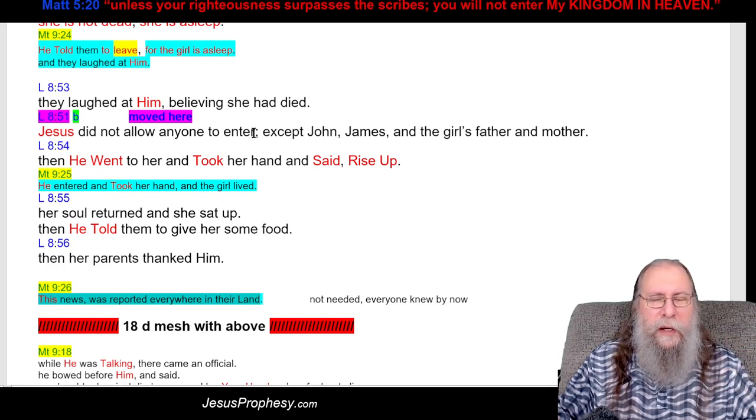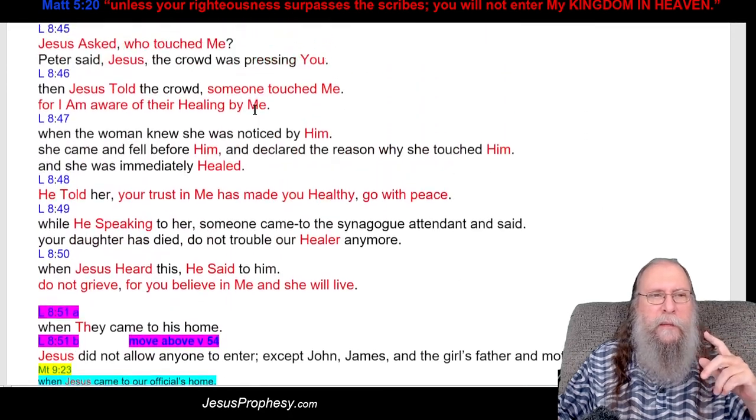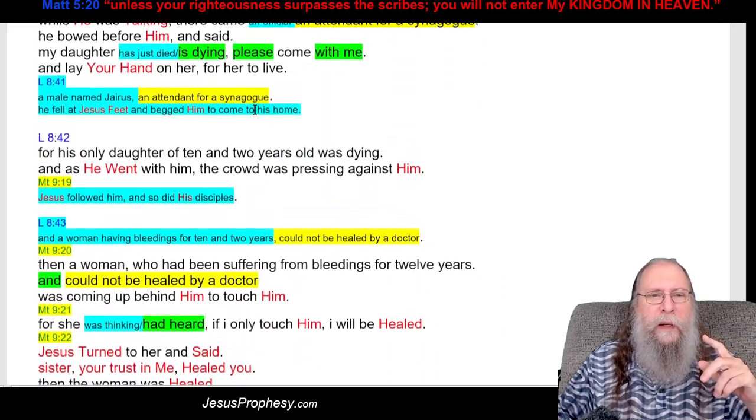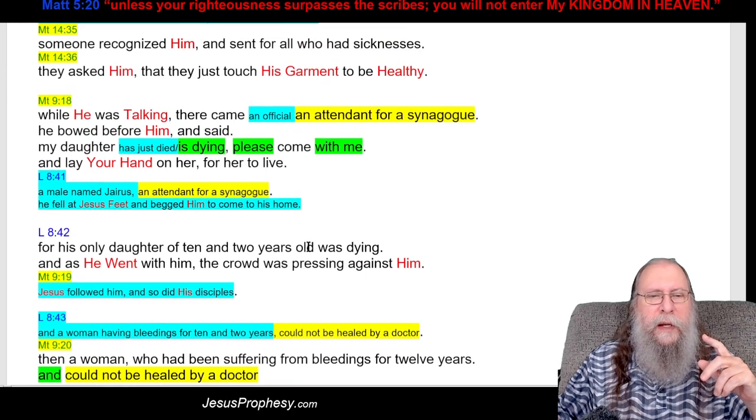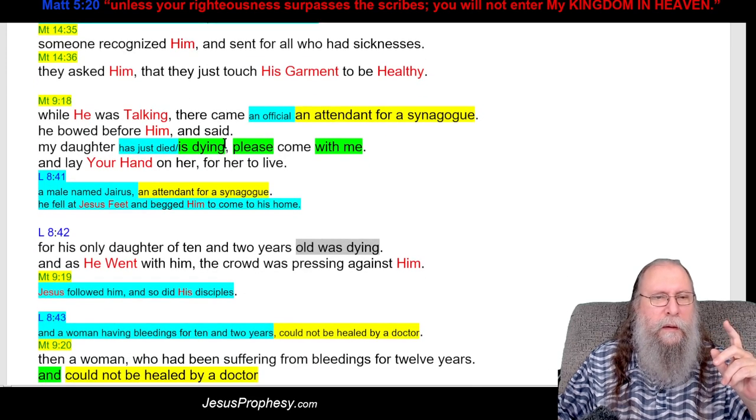I know one story has her dead, and here the text in the other story is believing she had died. So that's why I have at the very beginning, I believe I was telling you why I was dying in this verse here of the story. And then, where is it here? That I had to add these words is dying.